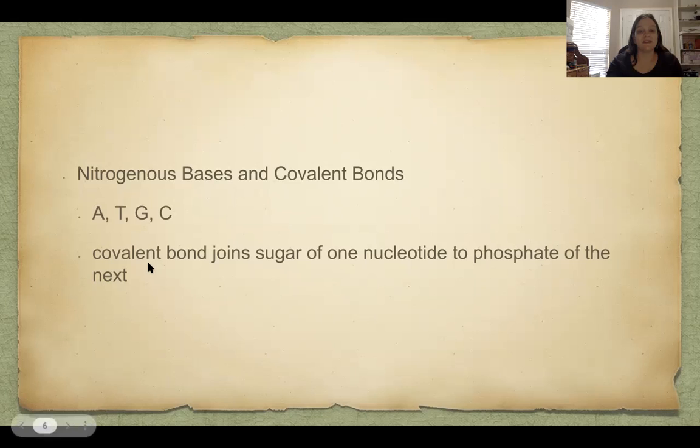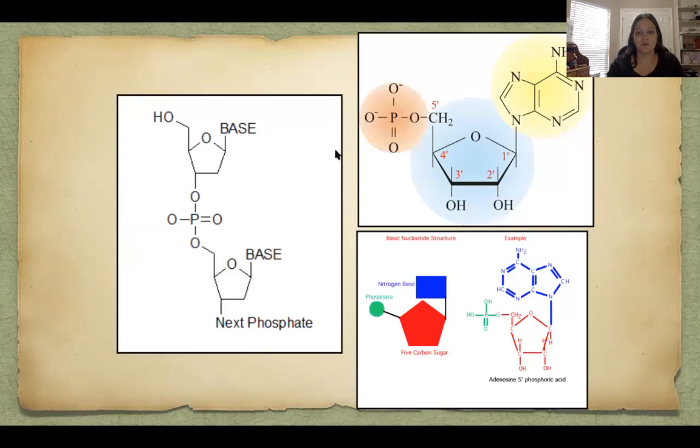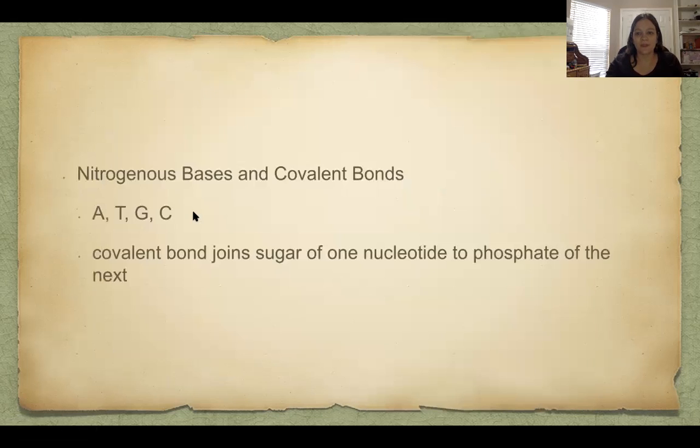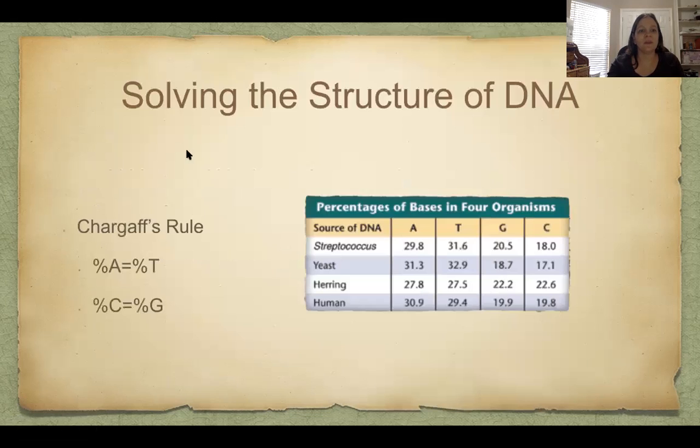They are joined together by covalent bonds. So where we join the phosphate to the next base, we have a covalent bond. So it's a pretty strong bond. So those parts don't come apart very easily.